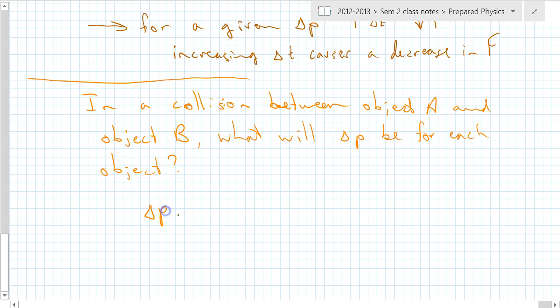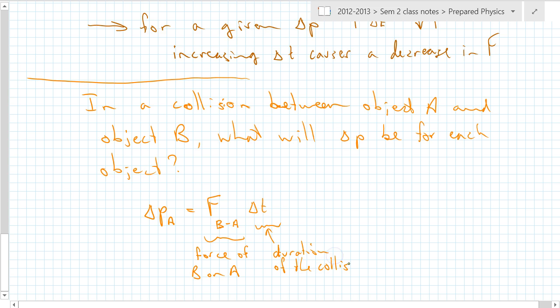So delta P for object A will be a result of the force of object B on object A over the time period of the collision. So force of B on A, and this is the duration of the collision.